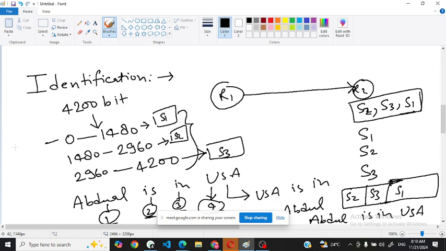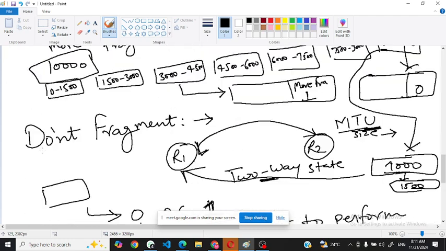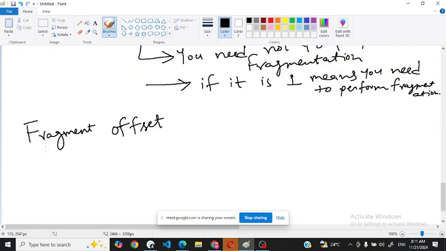Suppose that identification number is 0x001. This one has 0x002. This one has 0x003. With the help of this identification number, fragment offset performs the rearrangement of data.